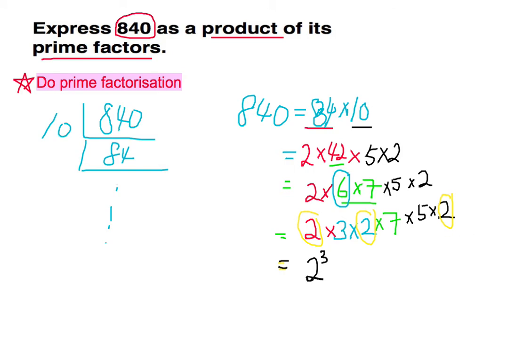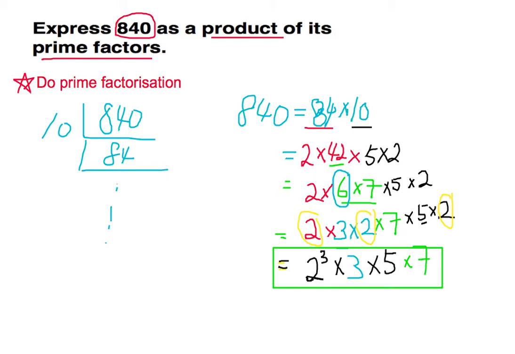Then, since we only have one 3, we just copy it, one 5, we just copy it, and then times 7. So this here is the final answer for this question.